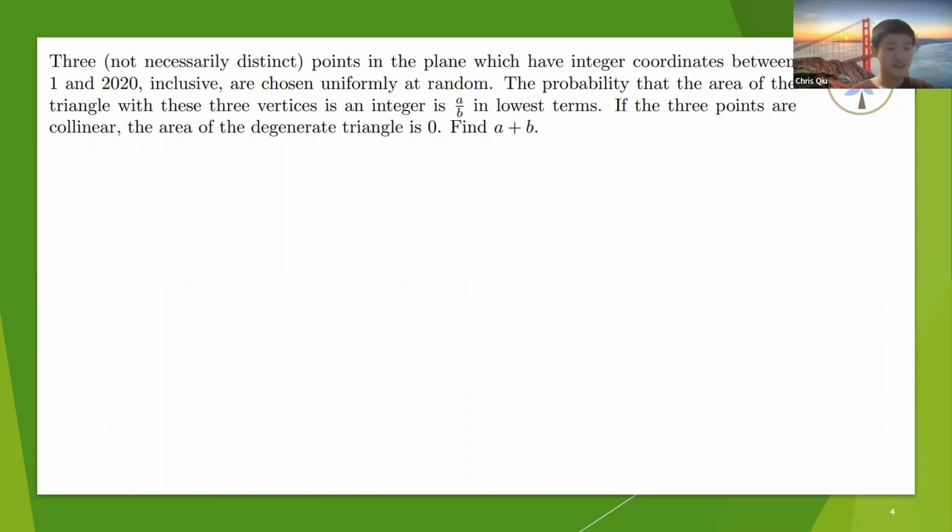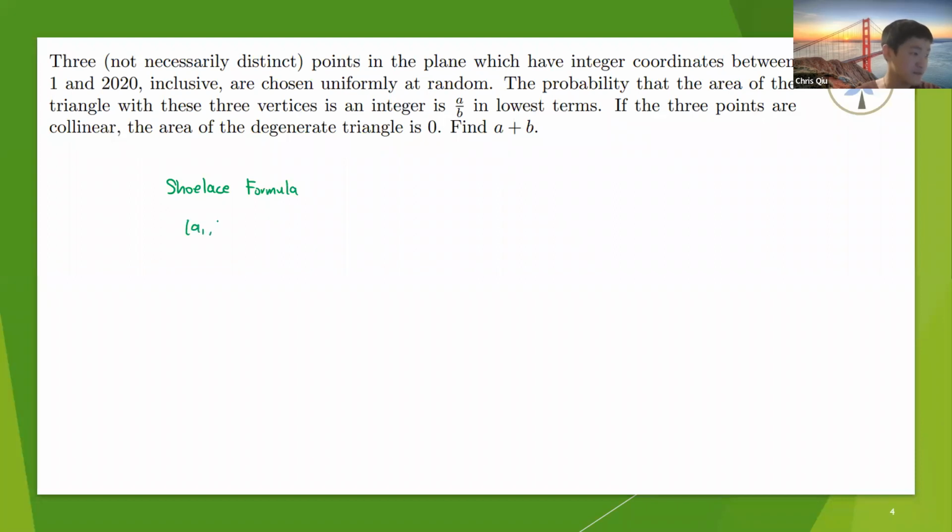Right, and before you guys continue, I'm just going to introduce to you a very helpful formula for this problem. And this is the shoelace formula. And for this specific problem, we're going to consider the shoelace formula for triangles.